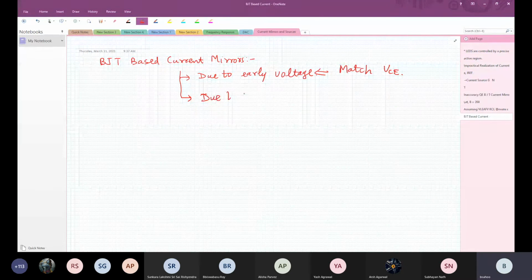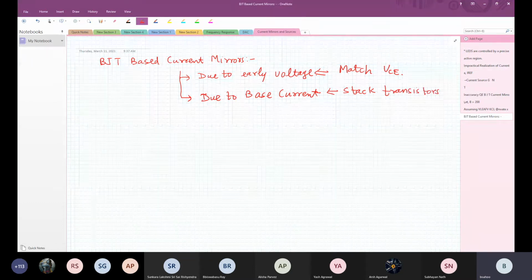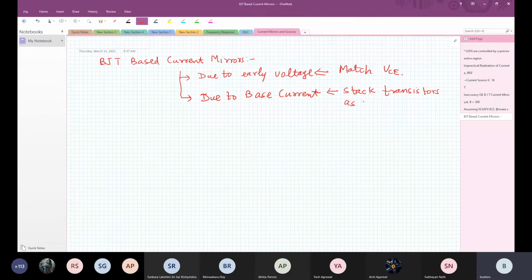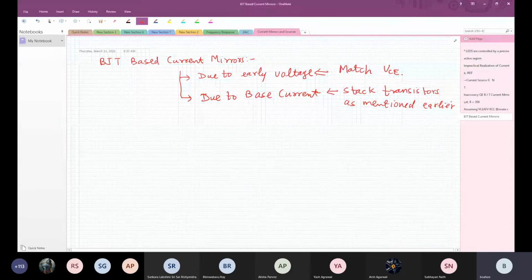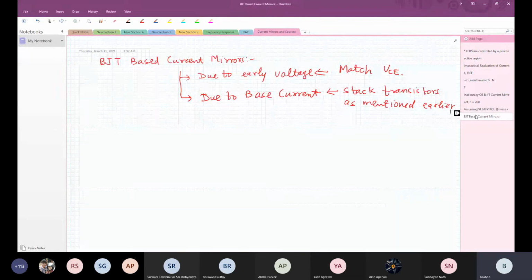The solution is to stack transistors, as mentioned earlier. Stacking transistors means this kind of stacking, so you are stacking in this direction, and this is coming in here. So VBE plus VBE like that it will keep on. So the penalty is that we pay the swing penalty.